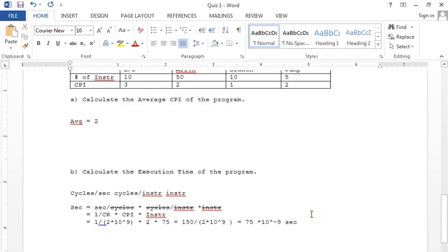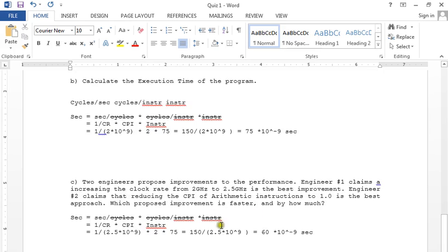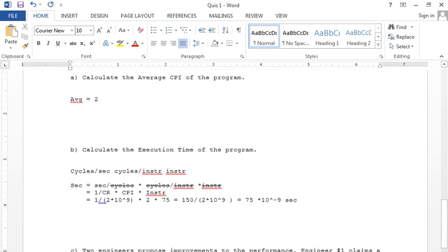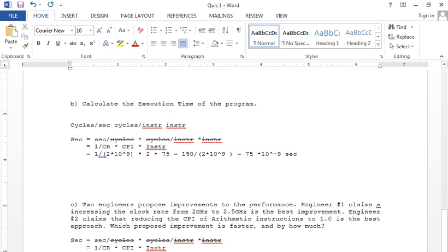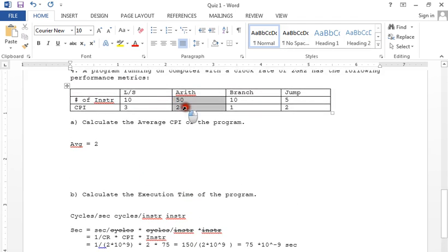So now for the second engineer, we're going to do the same thing. You've already done 50 times 3 plus 10 times 3 plus 50 times 2. So we already know that the numerator is 150, divided by 75 for the first calculation. If you take this, you have 50 times 2, so that was 100 out of the 150, right?